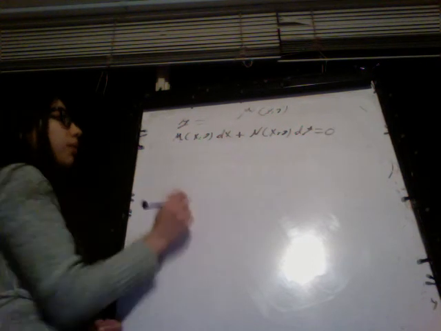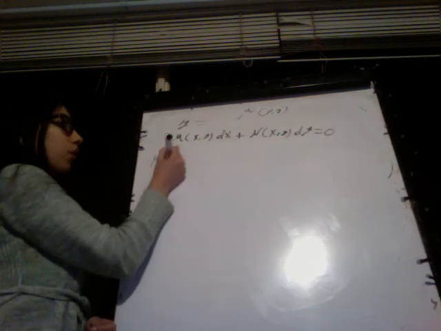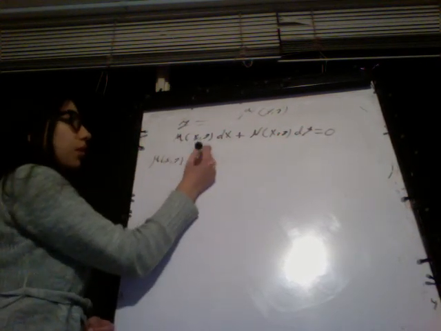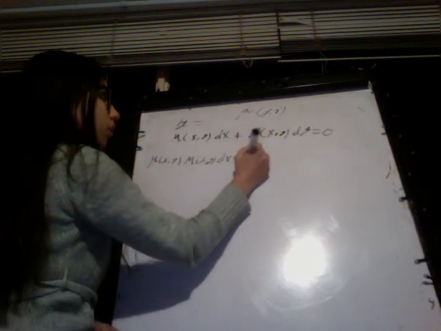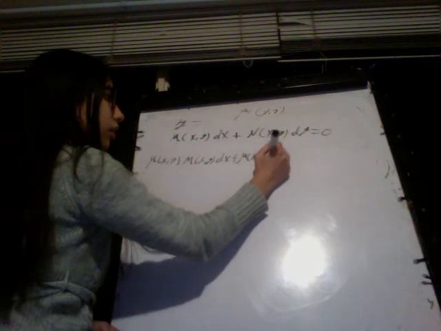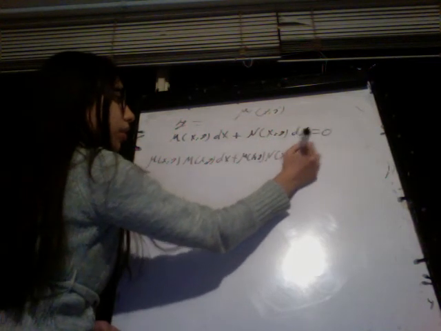You multiply everything and you will have mu(x,y) times M(x,y) dx plus mu(x,y) times N(x,y) dy equal to 0.